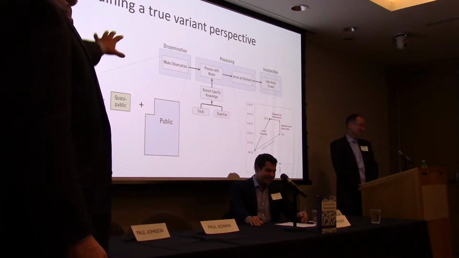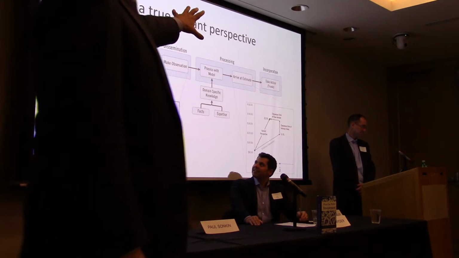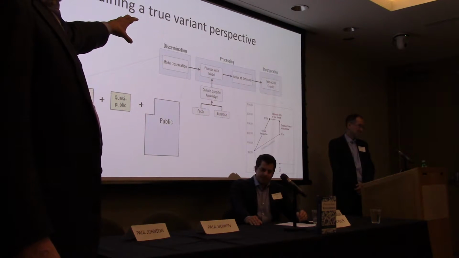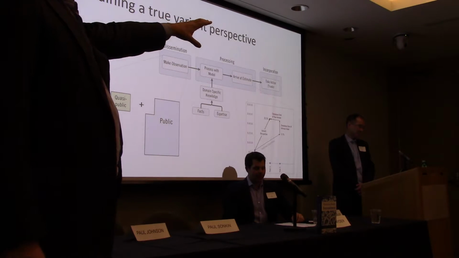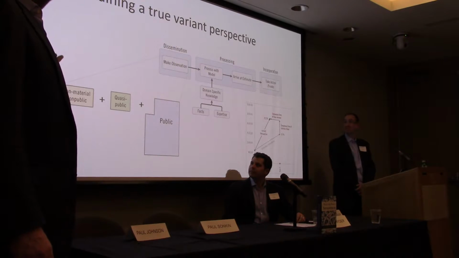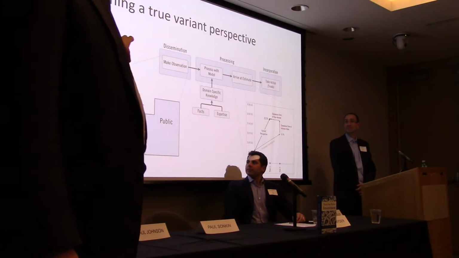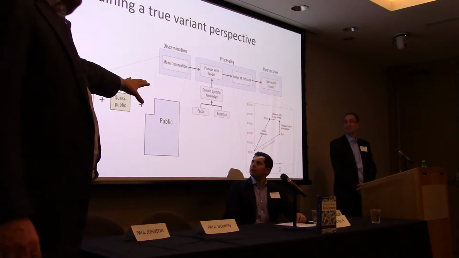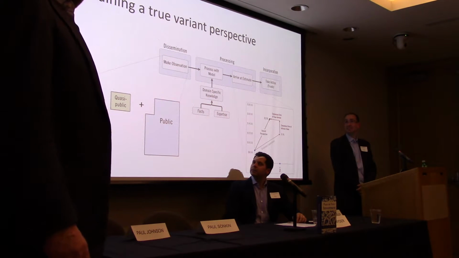Walter's one of them. All right, so we go back to that processing model that we talked about for the portfolio manager. Dissemination, that's that aggregation of information. You then have processes, then you have incorporation. What we've done is we pull over here what you need information-wise. It's non-material, non-public information, plus quasi-public information, plus public information. That's your source of information.